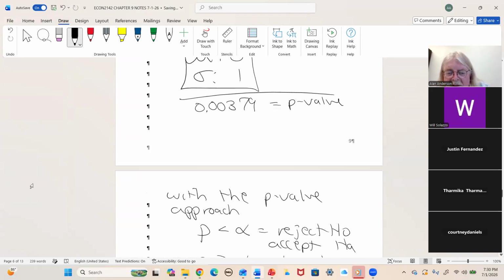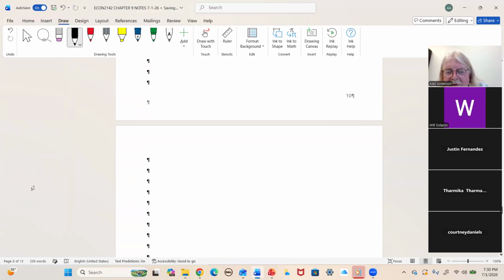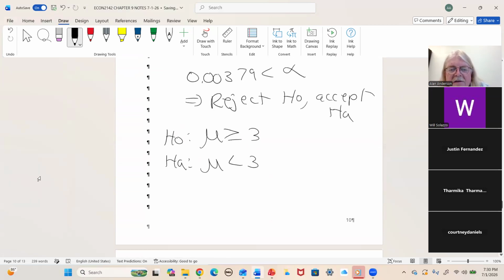It originally told us that they were concerned that the cans were underfilled. So by rejecting the null, we accept the alternative that the mean is less than 3.